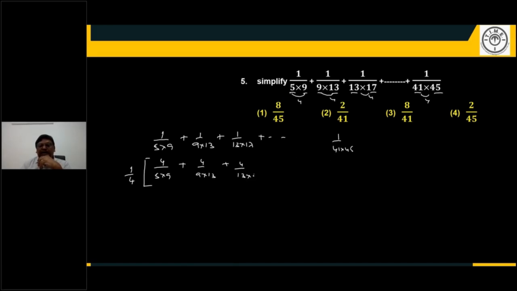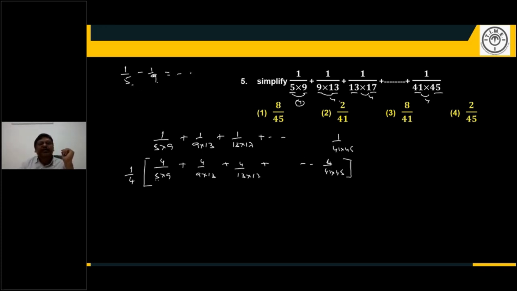How do I get the idea that I should multiply and divide by 4? Because there is a gap of 4, right? And so on, 4 by 41 into 45. Why do we do that? Students, 4 by 5 into 9, can I write it as 1 by 5 minus 1 by 9? You know, 1 by 5 is more than 1 by 9.